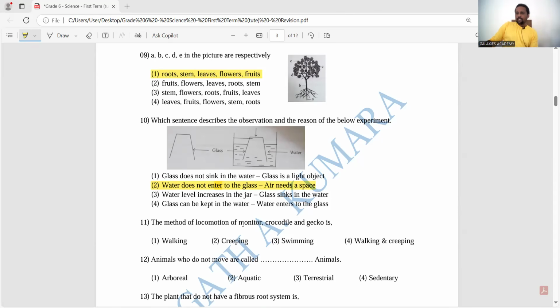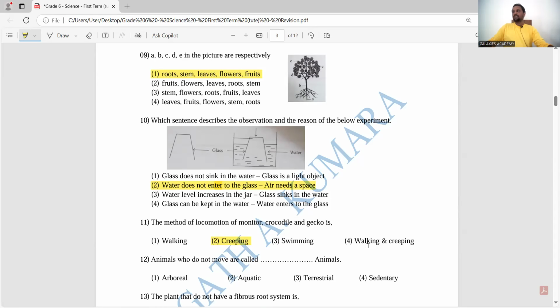These given animals belong to which type? They are the reptiles, no? They are the reptiles. So these reptiles are creeping animals, right? Reptiles are creeping animals. So what is the locomotion method of these animals? Creeping. Also, you remember what's the meaning of locomotion? Locomotion means moving from one place to another place, right?